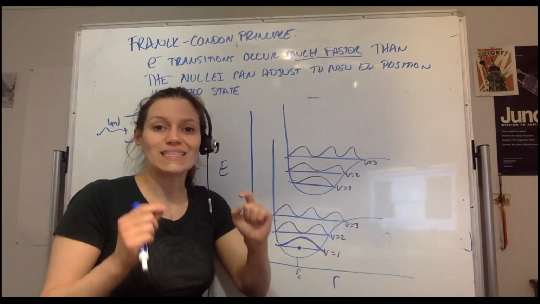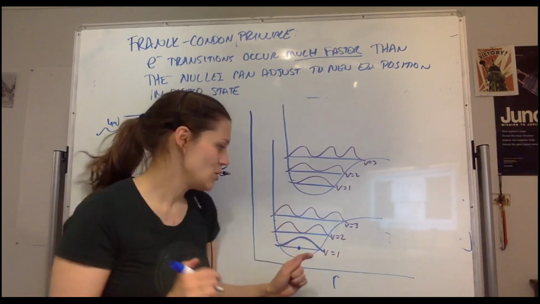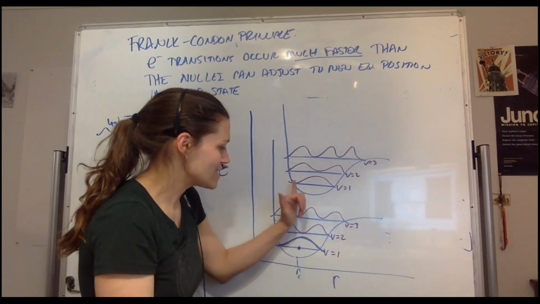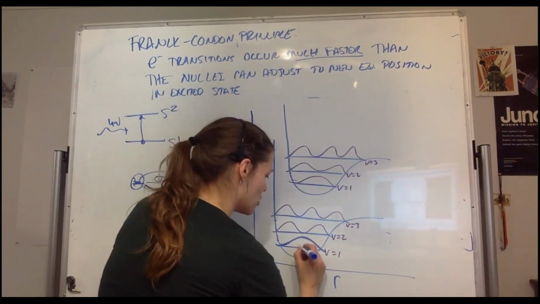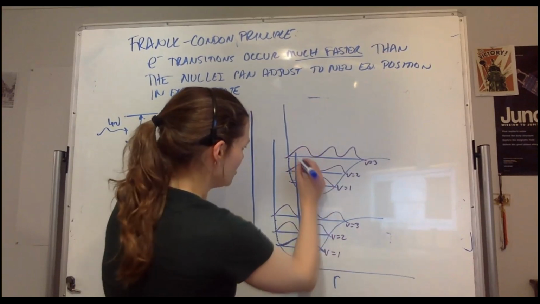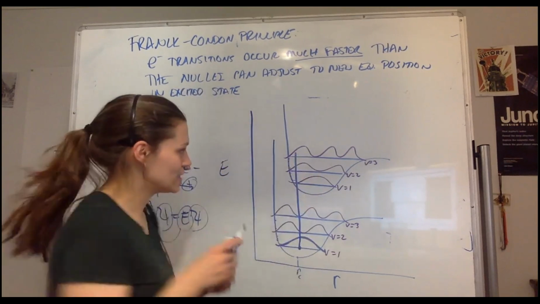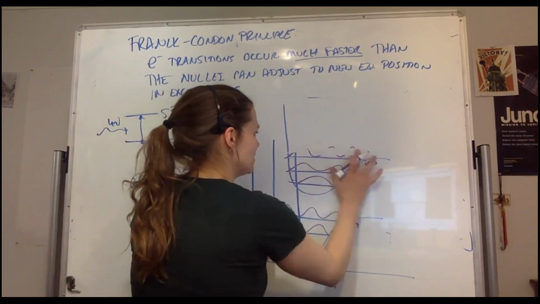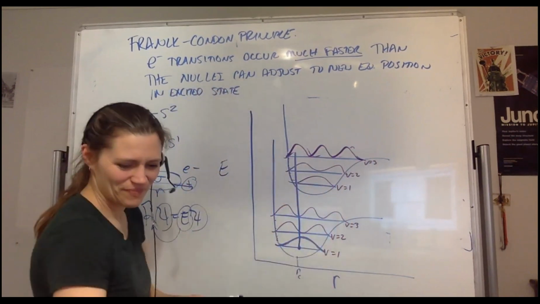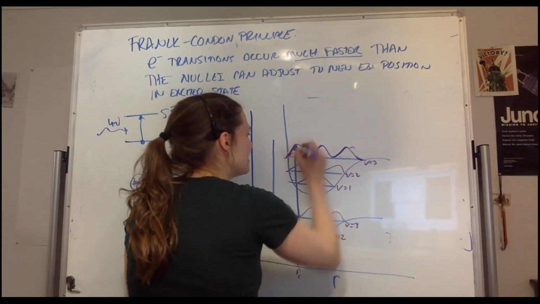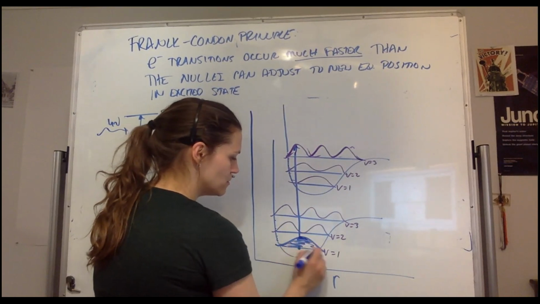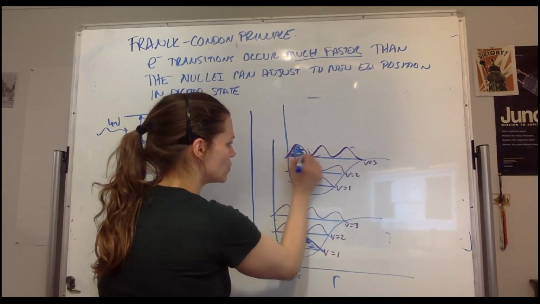So it's going to go to the one that's the most similar in vibrational states, which, if the equilibrium distance is not the same, so basically this one's going to go straight up. I didn't draw it that well, but for all intents and purposes, let's say that the vibrational state V equals 3 is the one that best matches the peak here. So that peak and that peak are the most similar.